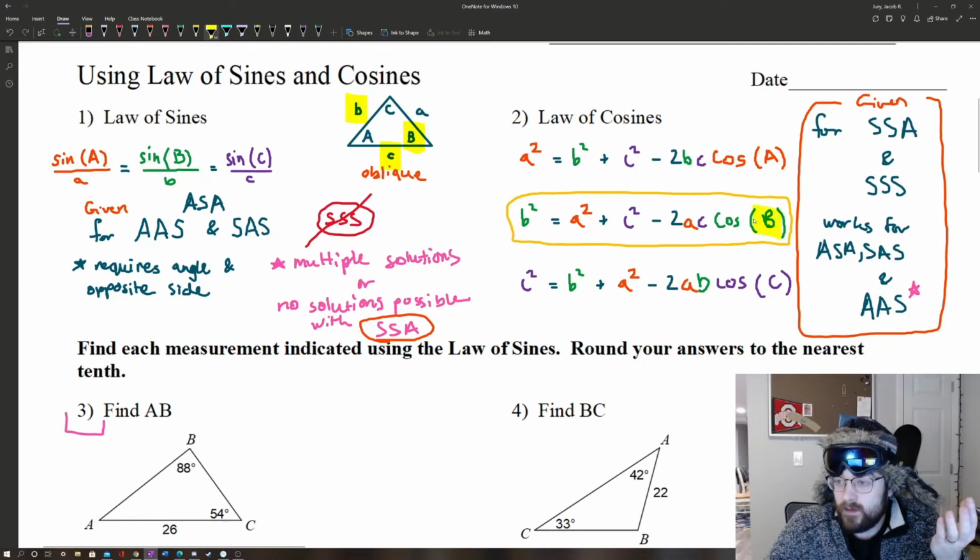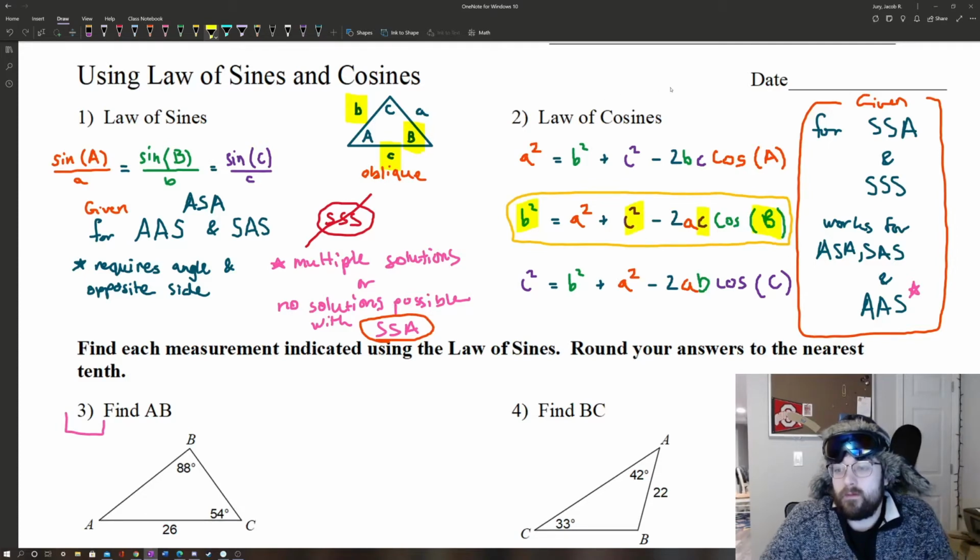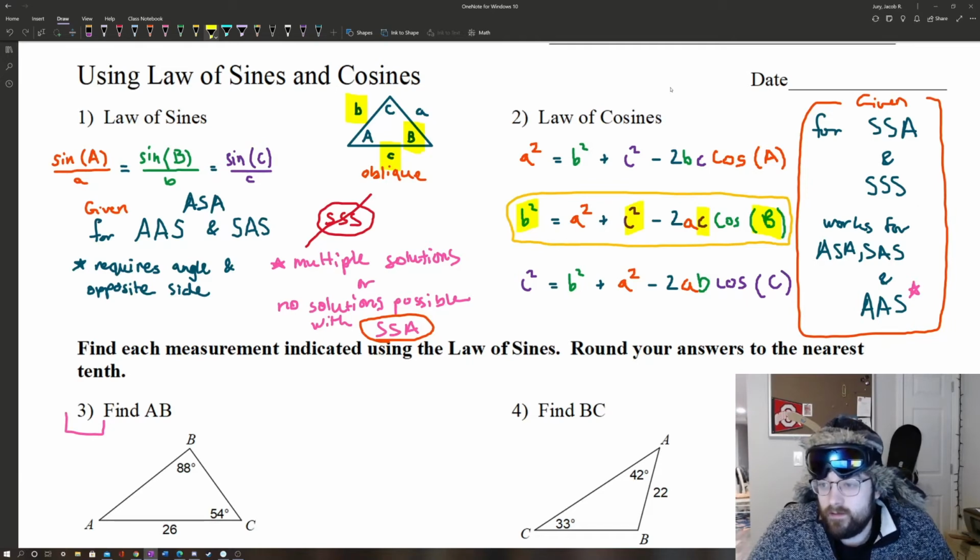I know B and C, so I can mark those. But I need to figure out what A is. So there's some algebra that we can do to determine what A is, and you'll see that play out as we work through some of these problems. But essentially, the algebra is a little bit more involved with cosines, but it always works.